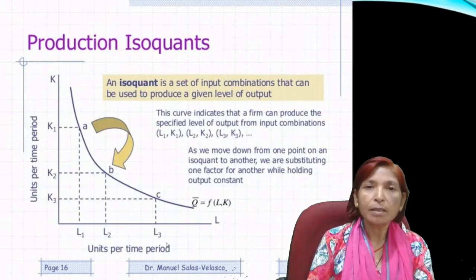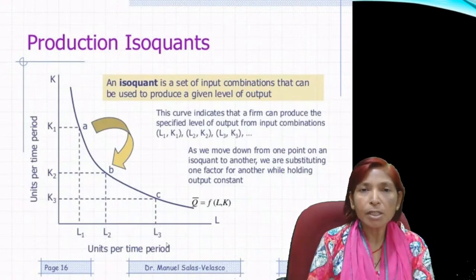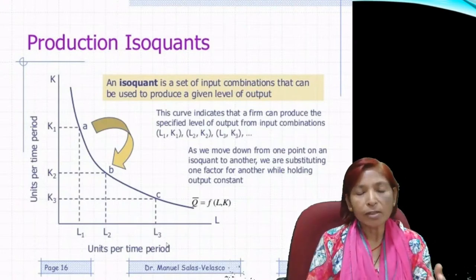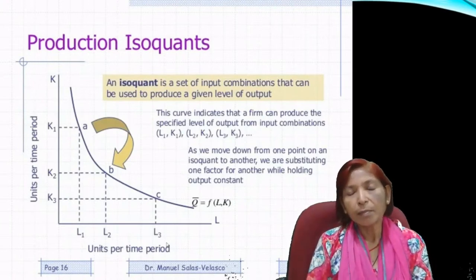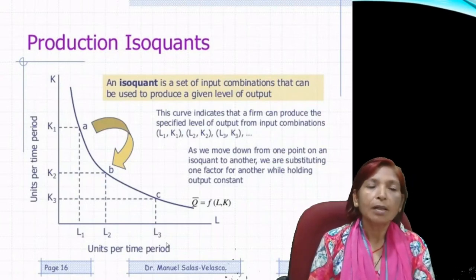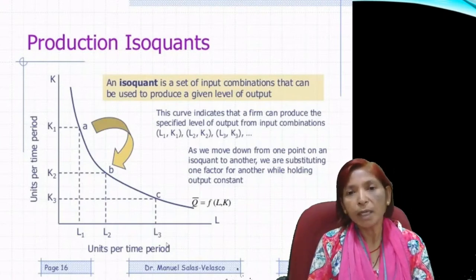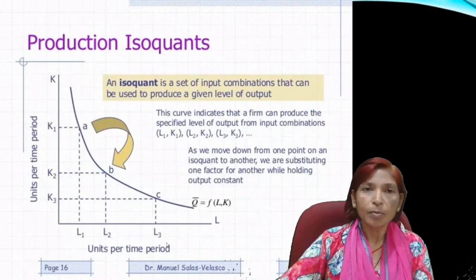So the isoquant curve shows the different possible combinations of two factors of production. If we use two factors of production for producing goods and services, but they give us the same level of output, that is called isoquant. So an isoquant is a set of input combinations that can be used to produce a given level of output.